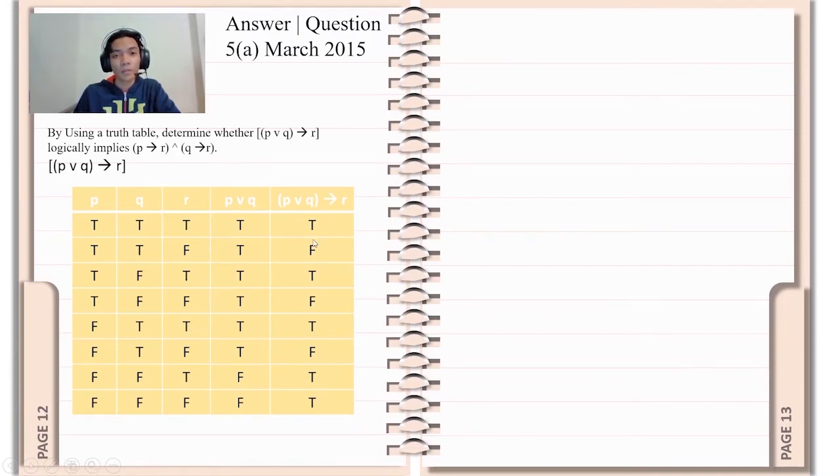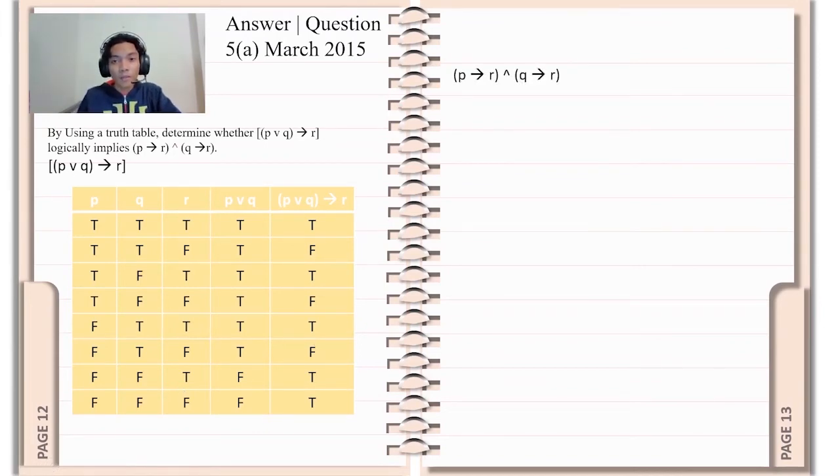For the next one, we get false because the conclusion is false, but the hypothesis is true, so we get false. And then true because both of the statements are true, and then false, and then true, and then false, and then true. And we also get true because both the hypothesis and the conclusion are false.